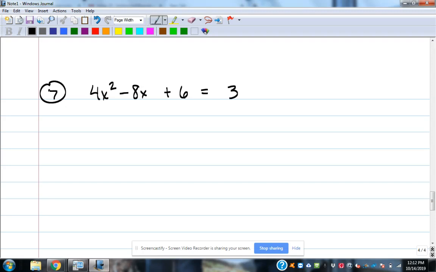What do we do first? Move the 6. Subtract the 6. Good job. 4x squared minus 8x equal to negative 3. Now what? Divide everybody by 4.